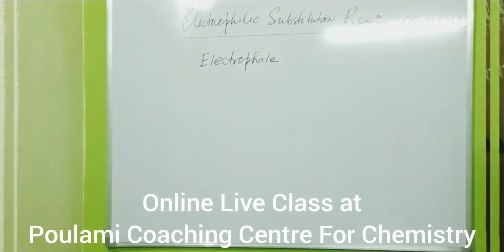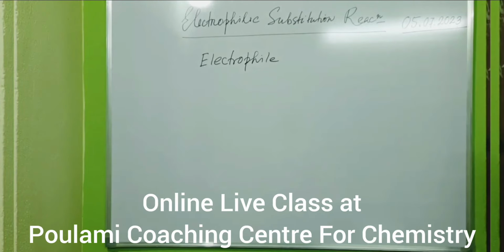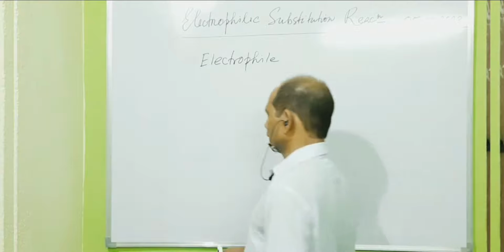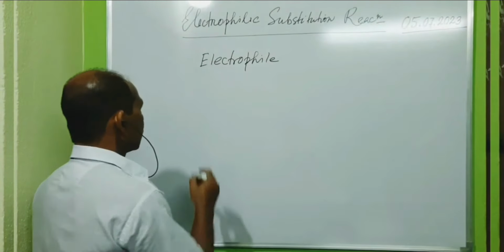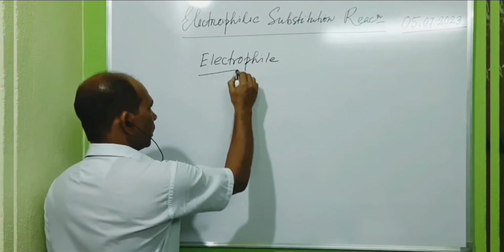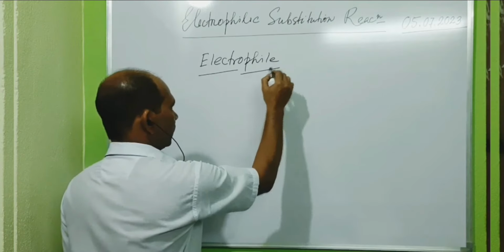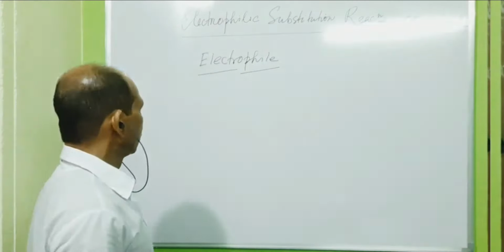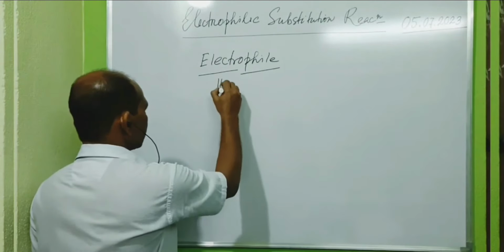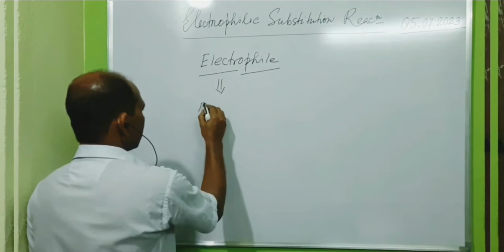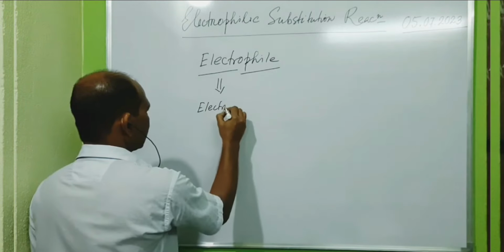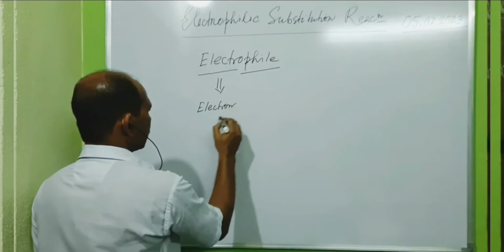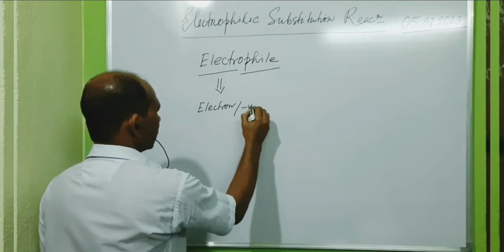Look at the word electrophile. It is constituted of two parts. One is electro and another is phile. So what is electro? Electro means electron or negative charge.